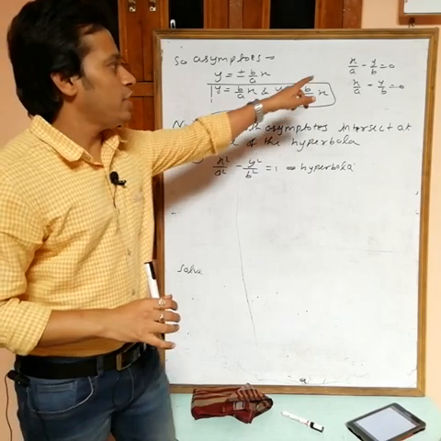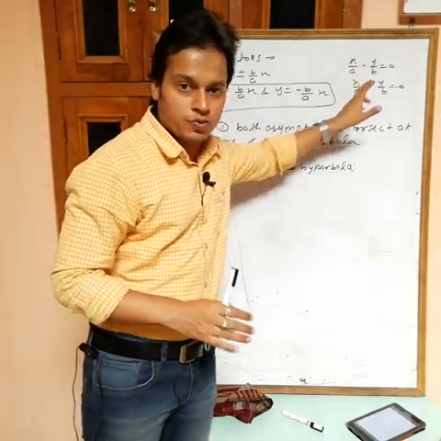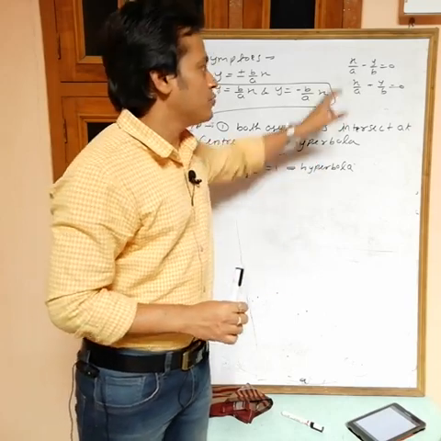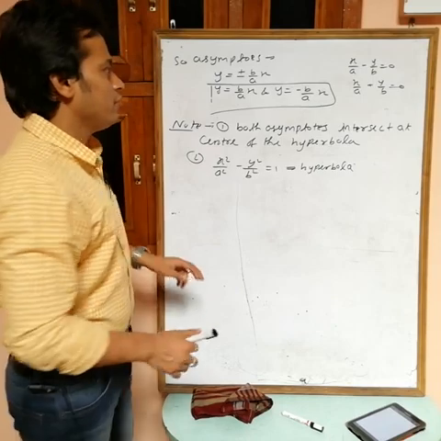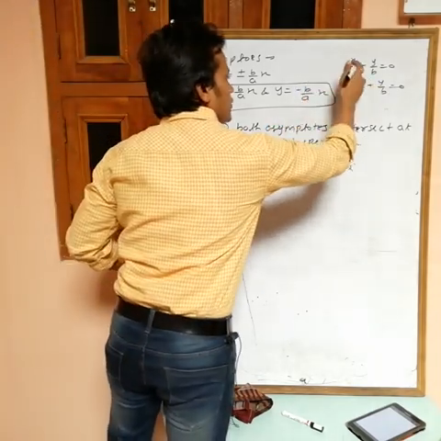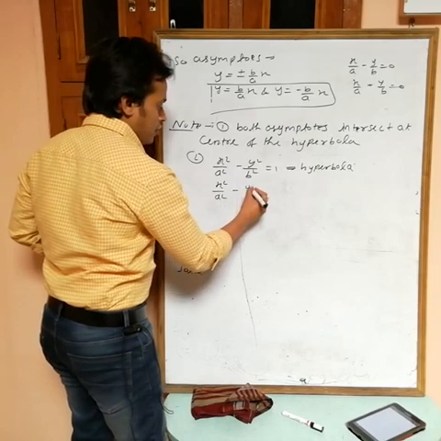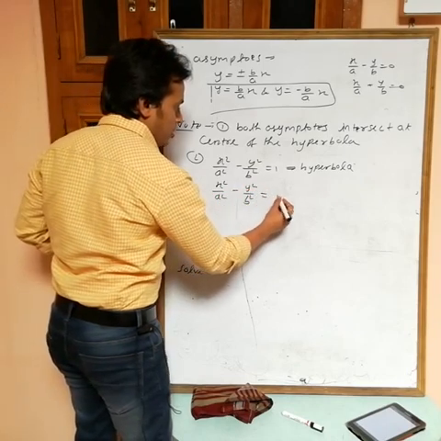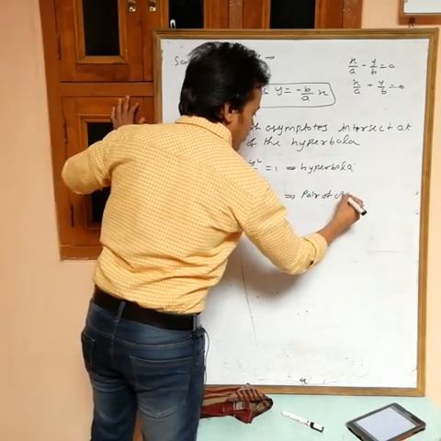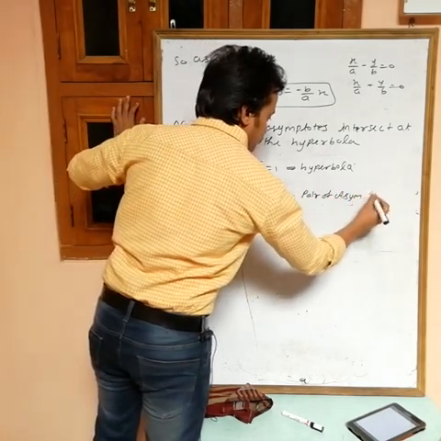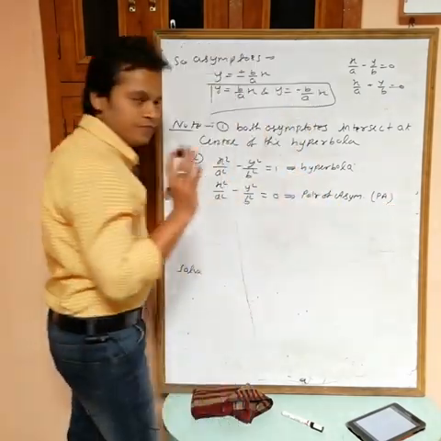Y equals to b by a x and y equals to minus b by a x are both asymptotes. To find the pair of asymptotes, multiply both now to get the pair of lines. If you multiply these two, you will get a minus b into a plus b, a square minus b square: x square by a square minus y square by b square equals to 0. This is the pair of asymptotes.